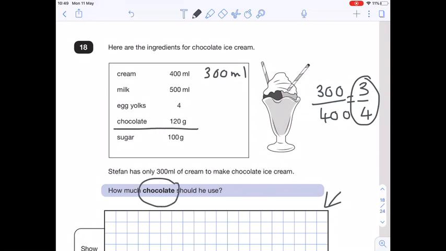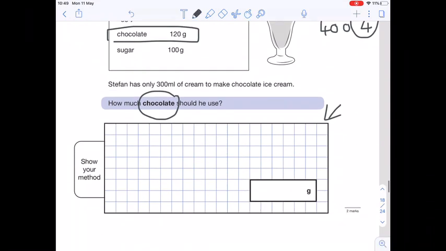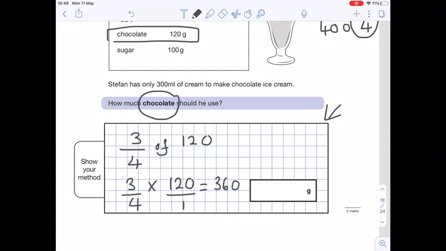So we need to know, he should have 120 grams of chocolate, but if he's going to make it properly, he should only use 3/4 of it. So we need to know what 3/4 of 120 is. We know, I hope, that means find 3/4 times 120 over 1, which gives you 360 divided by 4, which gives us 90 grams.